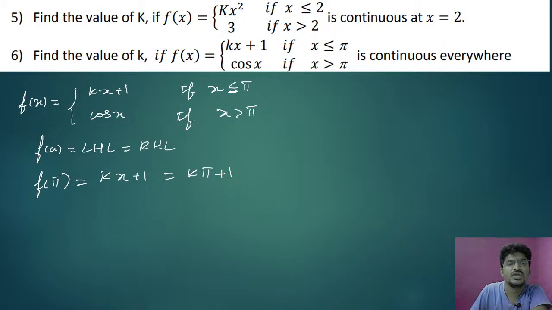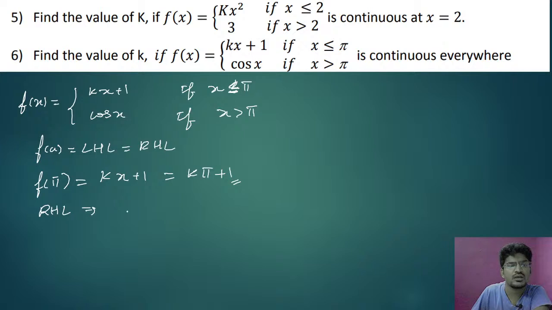So f of pi will be k pi plus 1. Now you can go directly for RHL. I will not solve LHL because the lesser-than part, LHL term, is already present. That's why I will directly go for RHL.